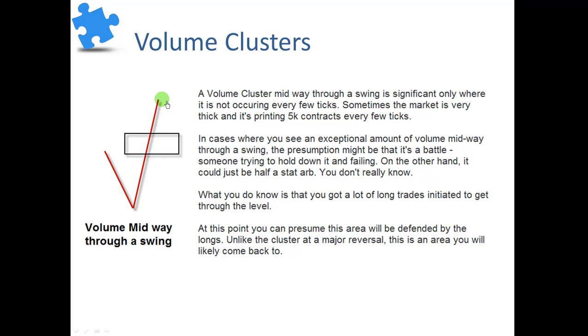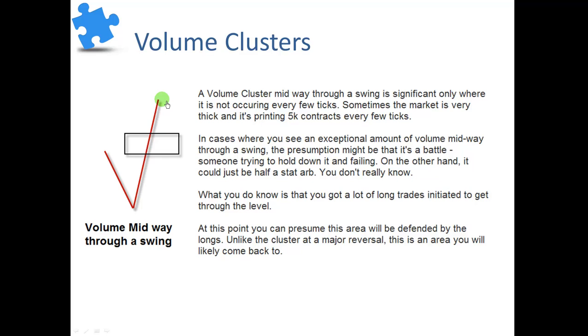So if you see 10,000 contracts go off at a price, and all the levels that day have traded 9,000 contracts, it's not significant. Now, a cluster midway through a swing is usually, and probably obviously, accompanied by a pause. Because if an exceptional amount of volume is printing, it's obviously going to take time for that to happen.